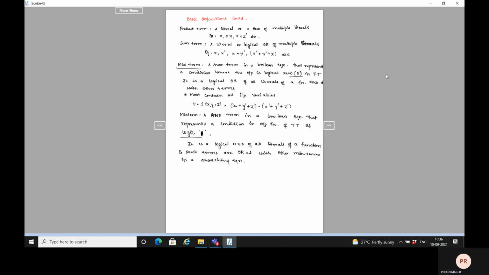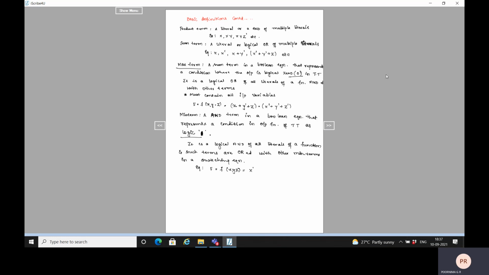Let me illustrate this with an example. Consider an output switching equation, output f, which is a function of three variables x, y, z. When we represent the min terms switching expression, all the min terms should have all three literals x, y, z.